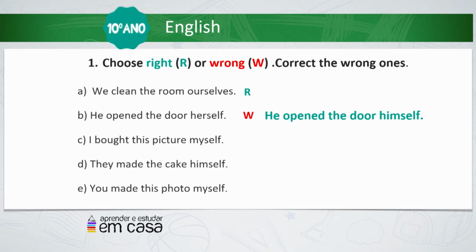C, I bought this picture myself. Is it right or wrong? Yes, it's right. D, they made the cake himself. They, himself, let's see. Yeah, obviously it's wrong. So, they made the cake themselves.